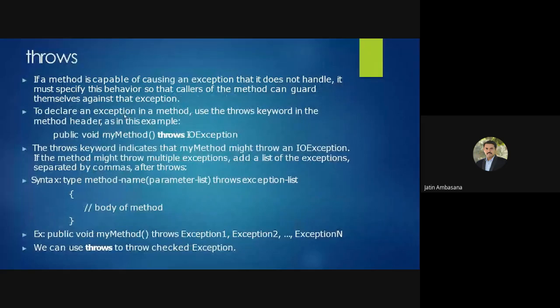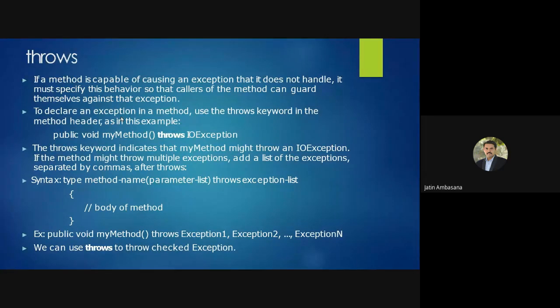Then comes throws. What does throws mean? There might be instances when you know that an exception is going to be thrown from a method, there is a full chance of an exception getting thrown, but you don't want to handle it in a try catch block.